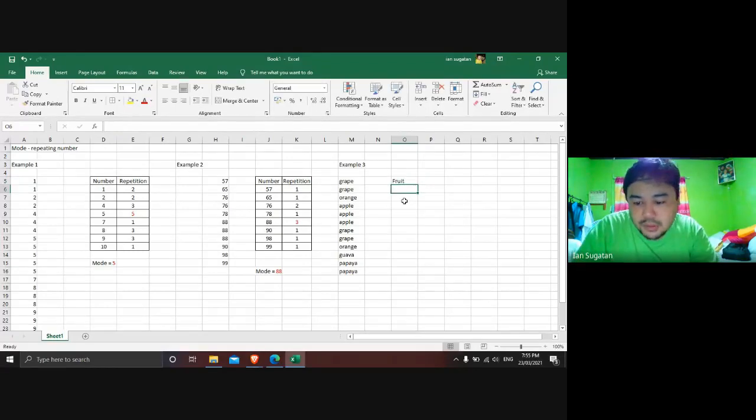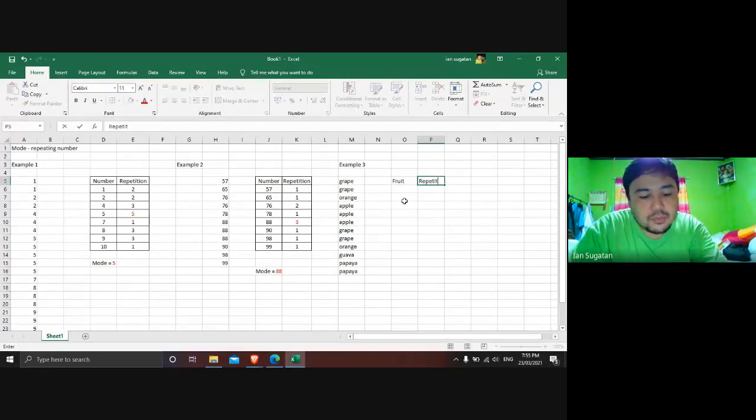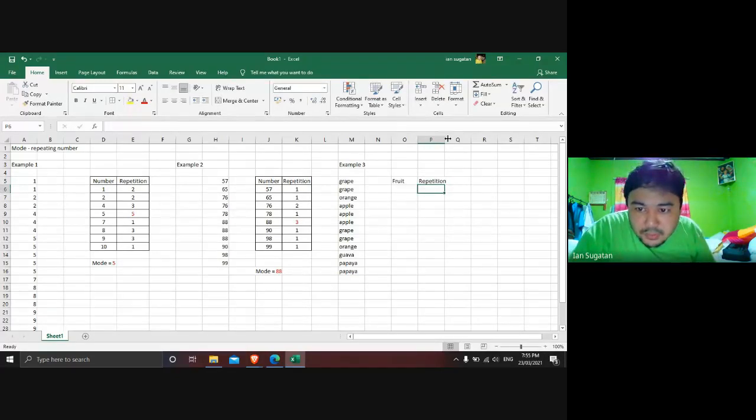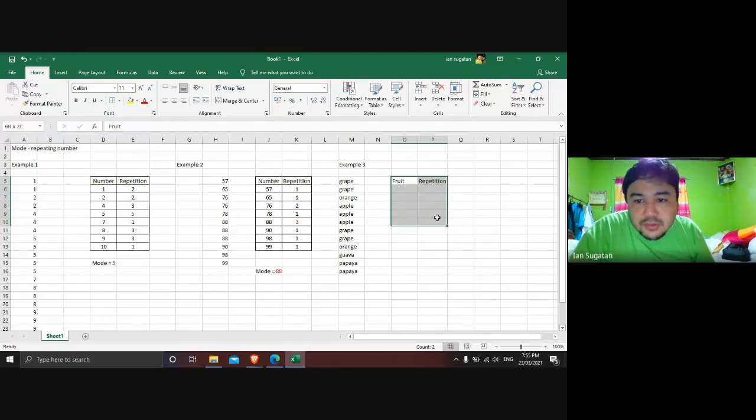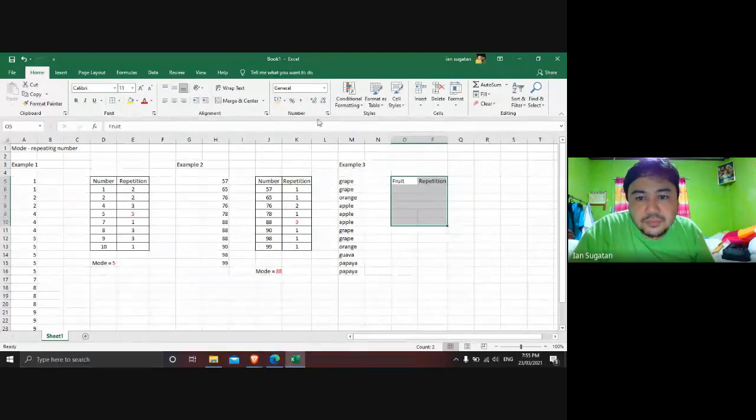and repetition. So this one is different because you're using not numbers but other objects or other variables.